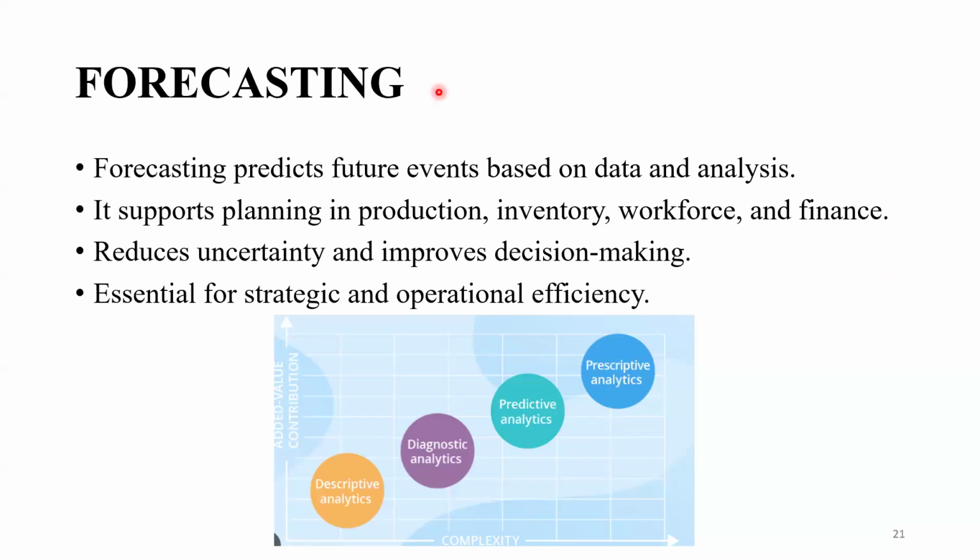Descriptive is what has happened, diagnostic is why it has happened, predictive is what will happen, and prescriptive is what I need to do to control this. Prescriptive means you put controlling measures in place so that it does not repeat again.